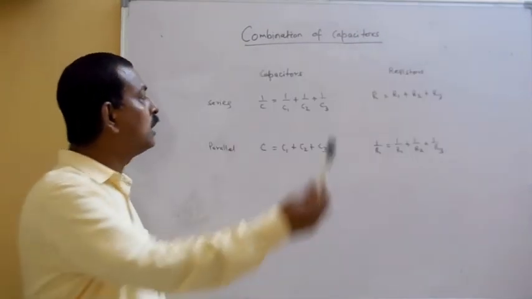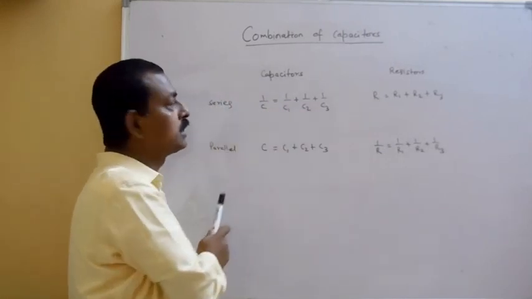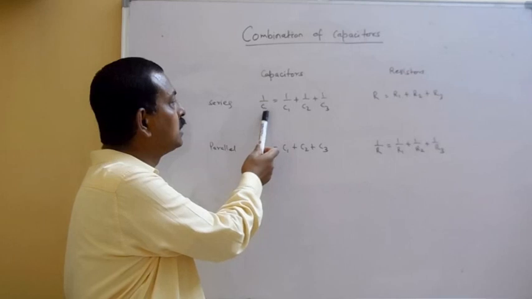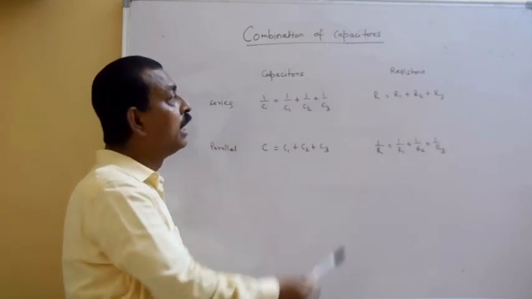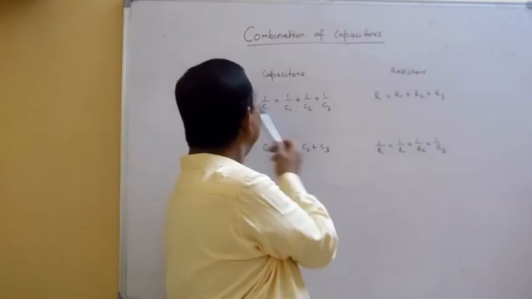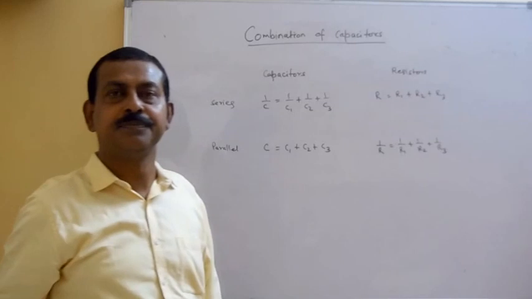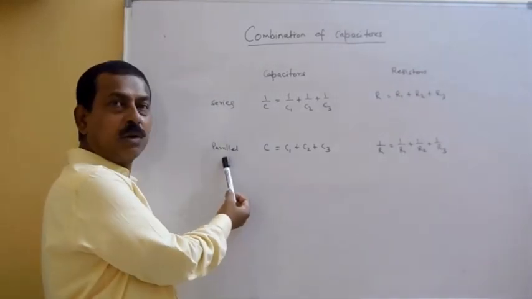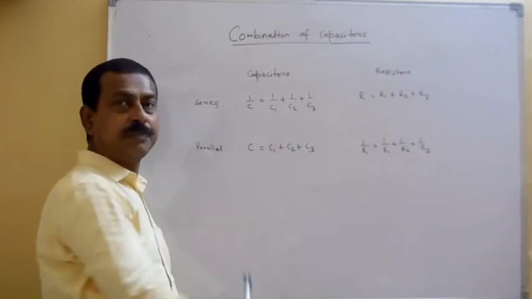So let's take this one. For series combination of capacitors, our formula is 1 by C equals 1 by C1 plus 1 by C2 plus 1 by C3. Whereas for resistors, for series combination, R is R1 plus R2 plus R3. Whereas in parallel combination for capacitors, C is C1 plus C2 plus C3.